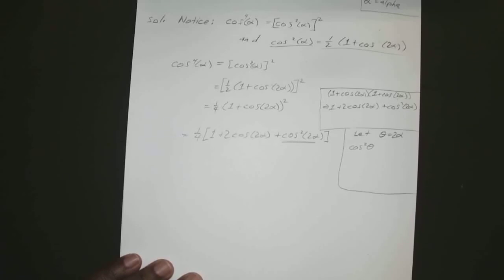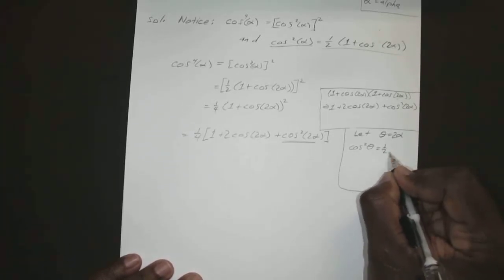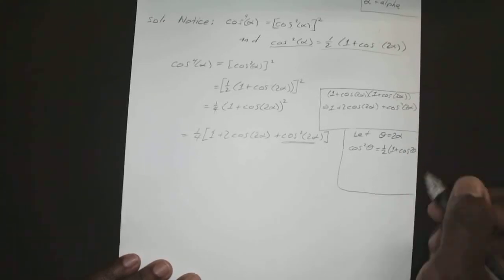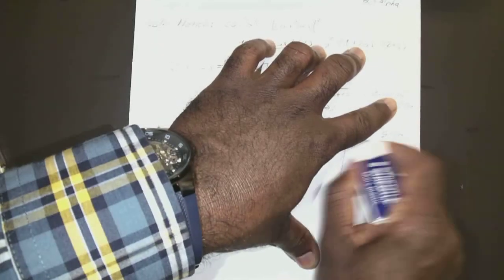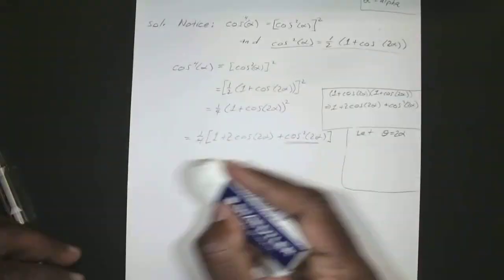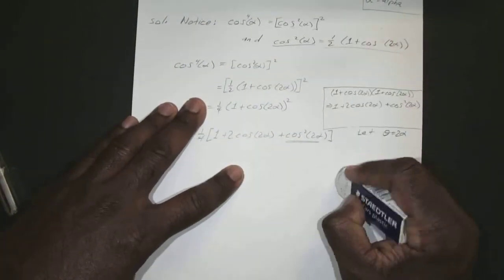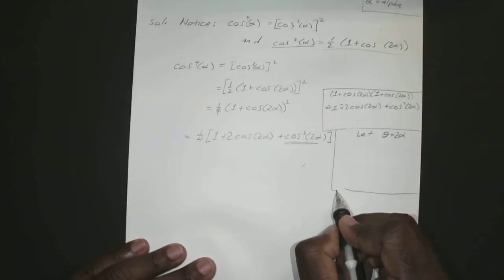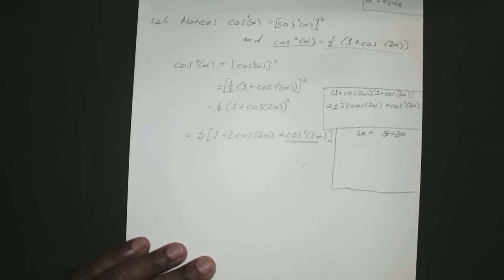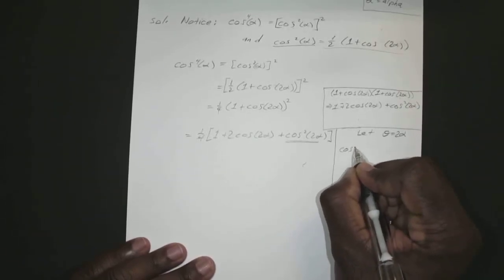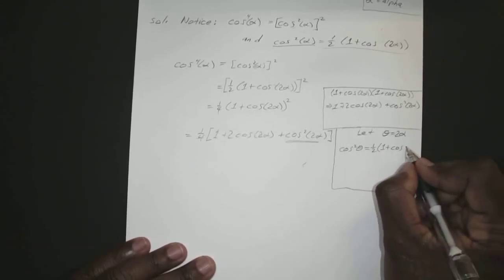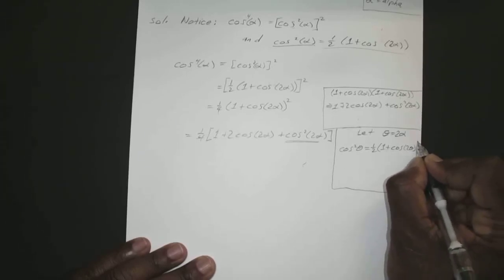So cosine squared theta, remember, that's 1/2 times 1 plus cosine of 2 theta.